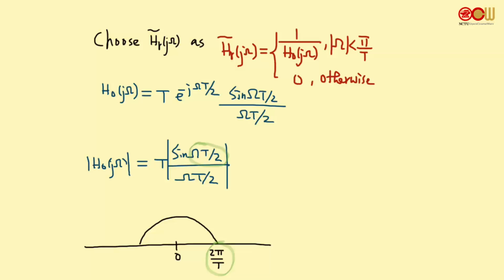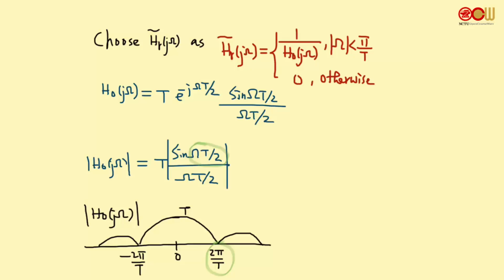That's what it looks like. In the frequency domain, H0 j omega magnitude, and this is minus 2 pi over t. And the height here is t.